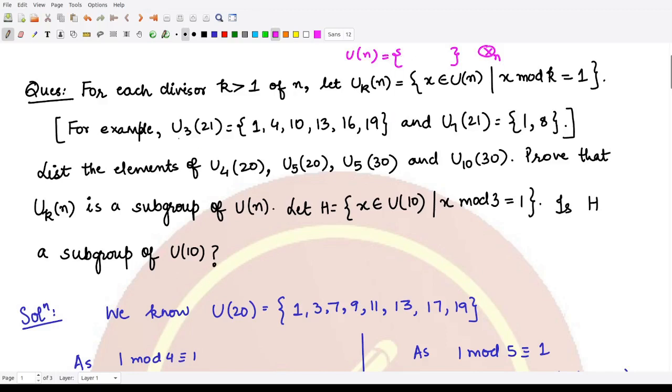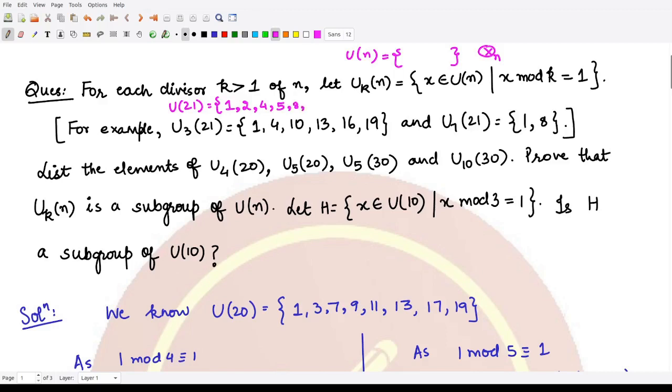So suppose we are taking this U_3(21). First of all you will calculate what U(21) is. It would consist of all the members less than 21 and relatively prime to 21. So it would contain 1, it would also contain 2. 3 would not be there and all its multiples would not be there. 4 would be there, then 5 would be there, then 6 won't be there, 7 won't be there. 8, yes, it would be.